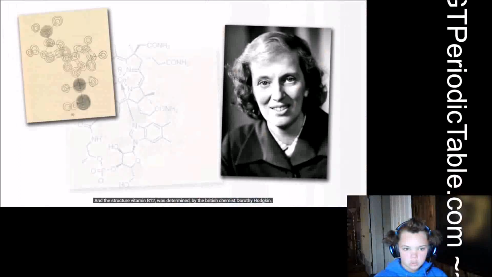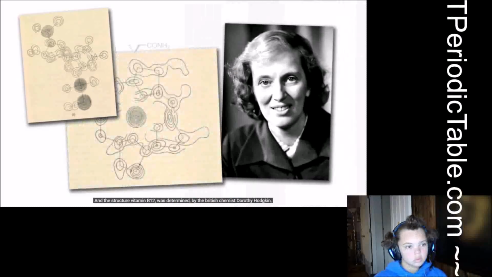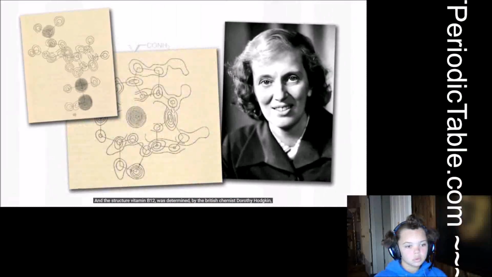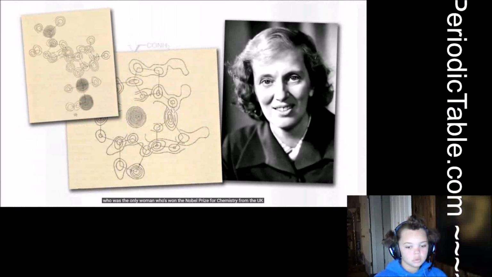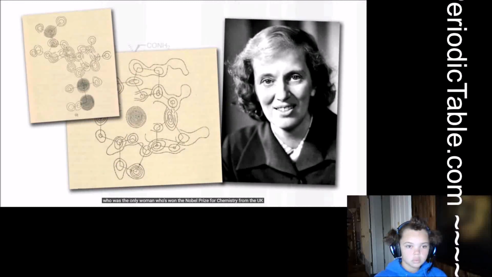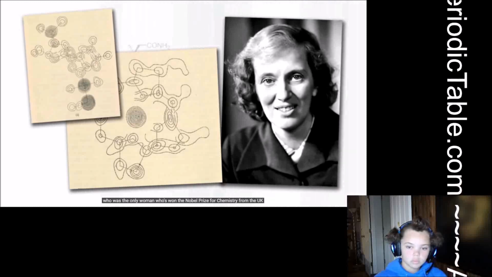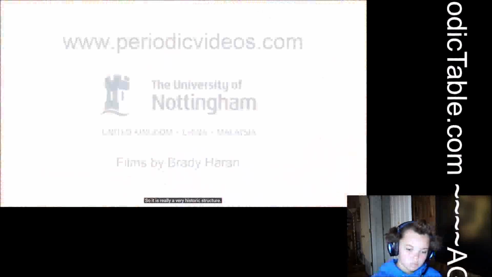And the structure of vitamin B12 was determined by the British chemist Dorothy Hodgkin, who was the only woman who's won the Nobel Prize for Chemistry from the UK. So it is really a very historic structure.